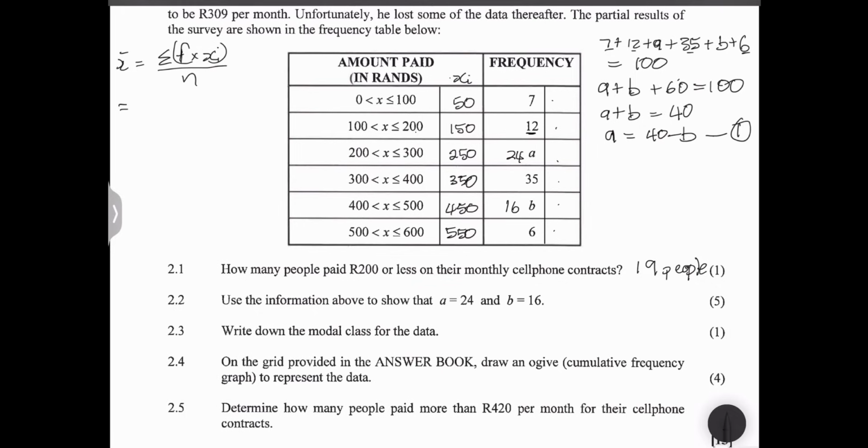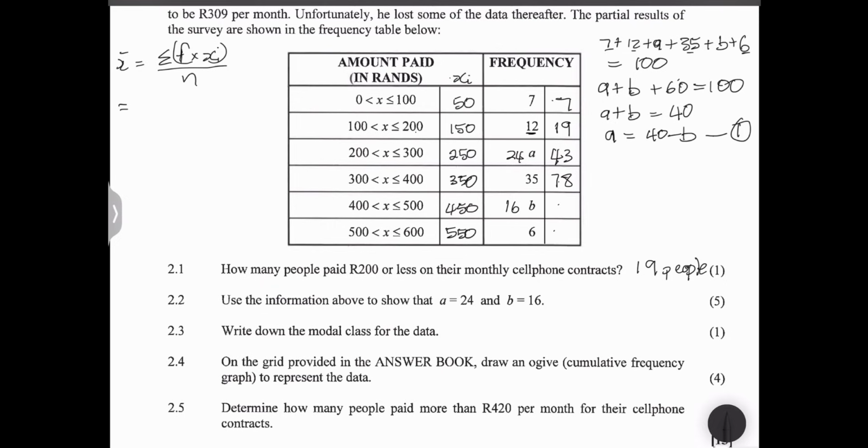We're going to have 7, that's our first value. The second value is 7 plus 12, so that would give us 19. We'll say 19 plus 24, that would give us 43. And we'd say 43 plus 35, that would give us 78.